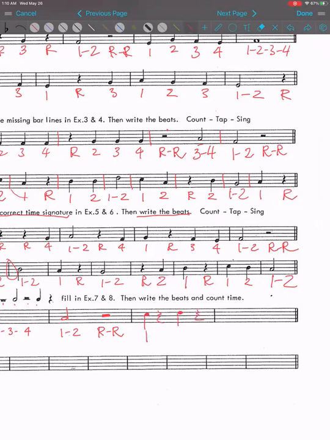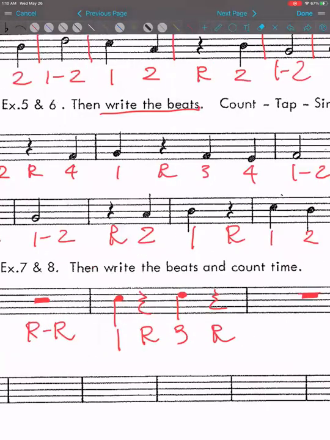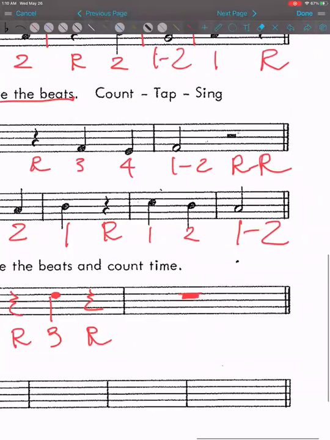So it'll be 1 R, 3 R. Last one, I'm going to exercise my whole rest. So yeah, you'll have R, R, dash, dash.